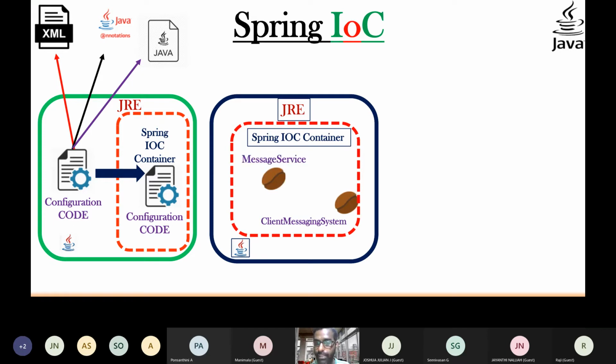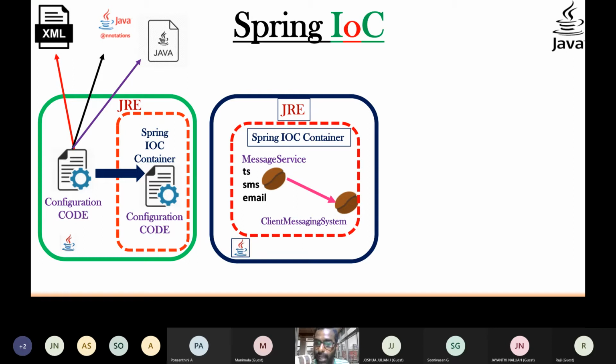The client messaging is not going to manually get the message service instance. Rather, the IOC container is going to inject the instance into the client messaging system. It could be an SMS, Twitter service, or email. Those instances are already available in the container pool, and the IOC container will take that and inject it into this client messaging system.